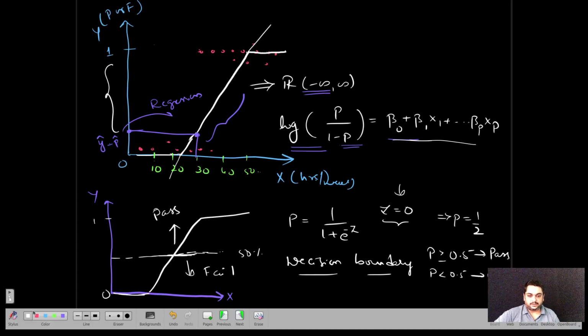Any data points lying in this area are all considered as fail, and any data points in this area are all considered as pass. That is the concept here, because we're getting the boundary here. So this is called decision boundary analysis. Based on this z value, I can set my threshold. I can increase or decrease it based on my problem.